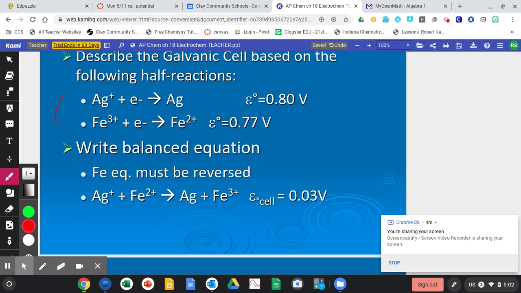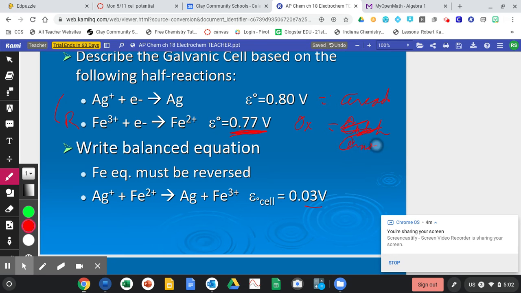Write a balanced equation. So the very first thing we see, if I am going to get a positive one, this is the one I'm going to have to reverse. I'm not going to get very many volts out of this, but I'm still going to have to reverse this one. So this is going to be the substance oxidized. So therefore, this was a cathode. This one would be the anode. I said that backwards. Dang gum myself.